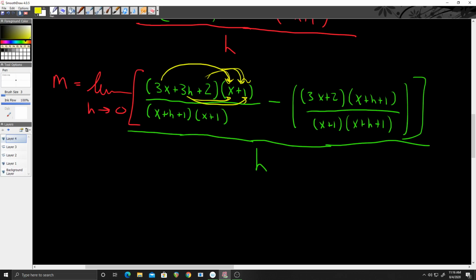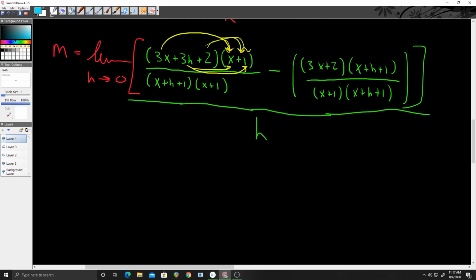I'm going to keep the denominators the same. I'm going to do the same thing to the other term here. So, let's keep the colors going, right? Let's just see how many colors we can use, right? So here we are. Limit as h approaches 0.